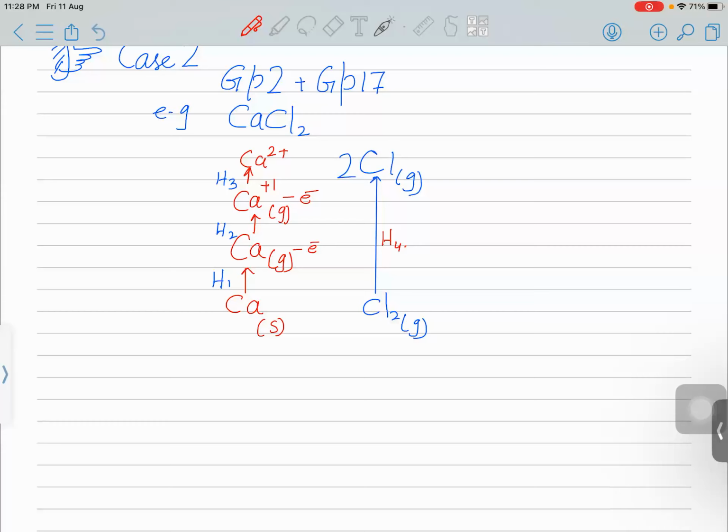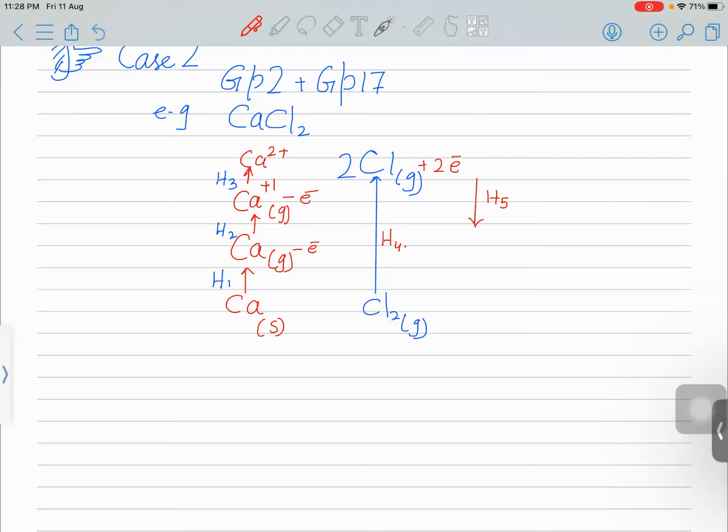Then we ionize it, meaning we give electrons to it. The direction of the arrow is downward because this is electron affinity, and electron affinity is exothermic.